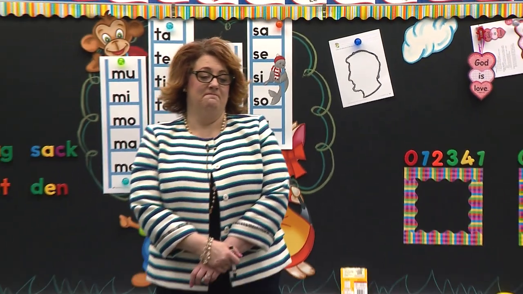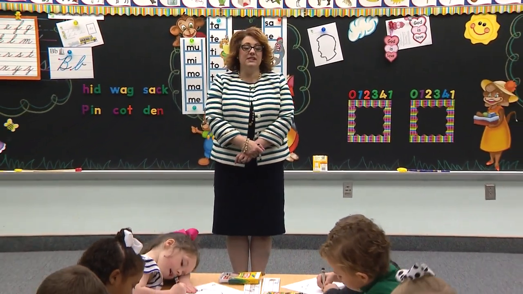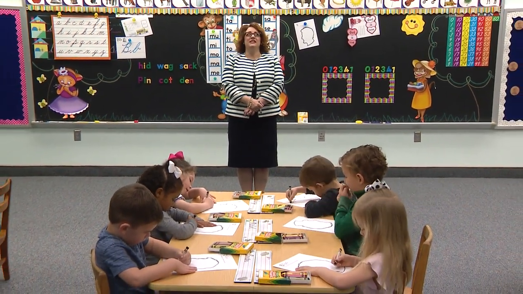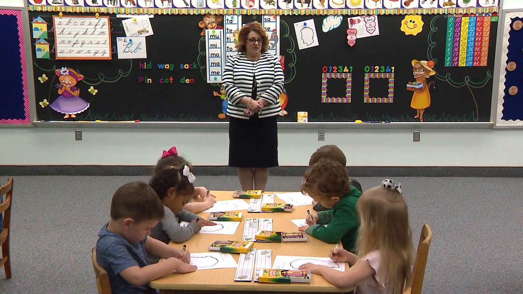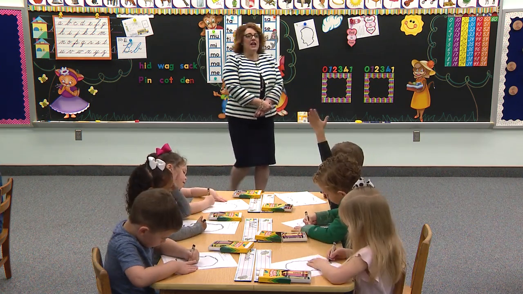Abraham Lincoln. And who was Abraham Lincoln? The president of the United States of America. And he was the 16th president. And what was his nickname? I just told you. Honest Abe. Good job.